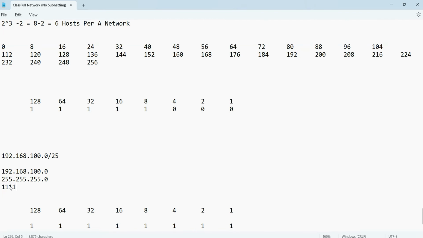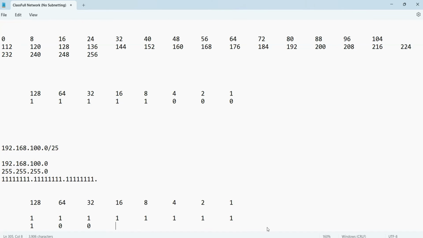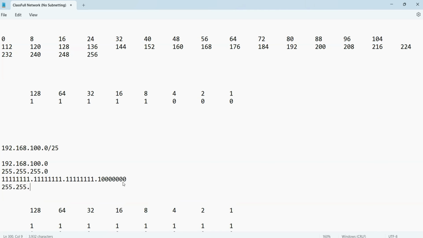So this is 1 through 8, 1 through 8, 1 through 8. Then what? I'm getting 25 bits. How do I get 25 bits? A 1 and all what? Zeros. So 255, 255, 255 dot what? Oh, it's 128. So I'm going to make this as what, folks?